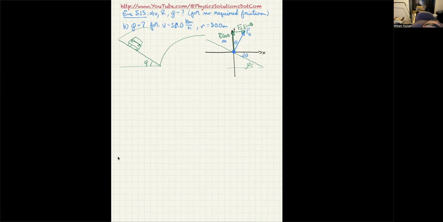And then in addition to that, we have the force of gravity, which acts downward, and that's the mg. Now, in this case, we're not going to have any friction. We're trying to design this road such that it's banked high enough that the Fn sine theta supplies the necessary acceleration. And by the way, the necessary acceleration is a sub c equals v squared over r, and it should go over to that way.